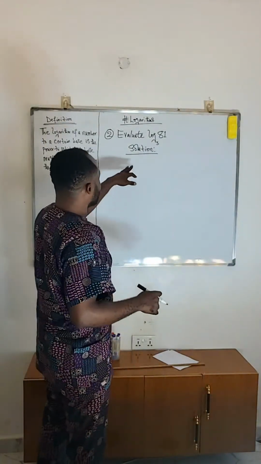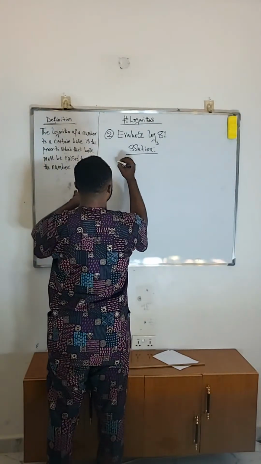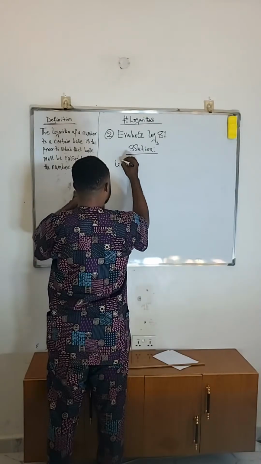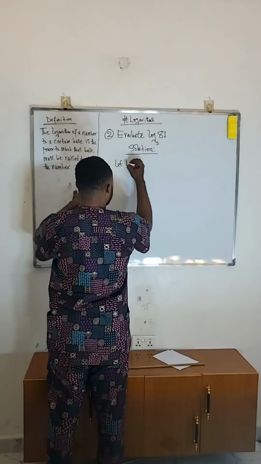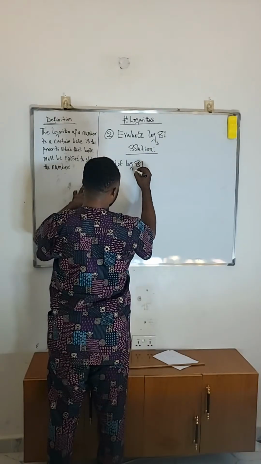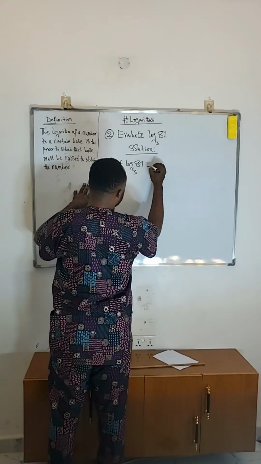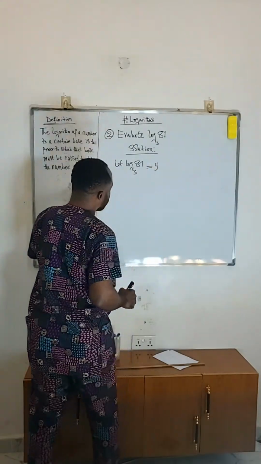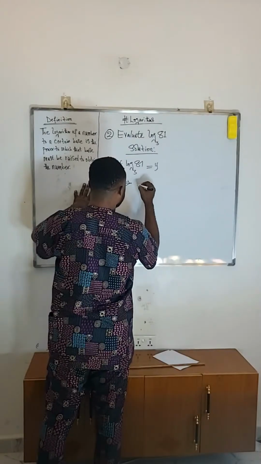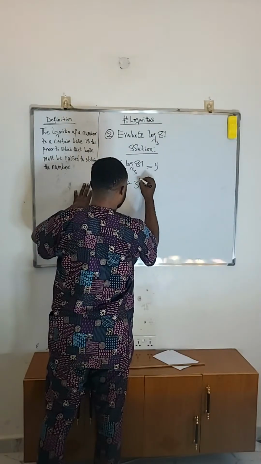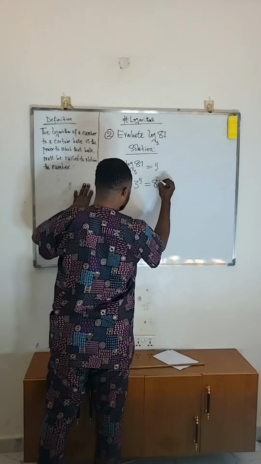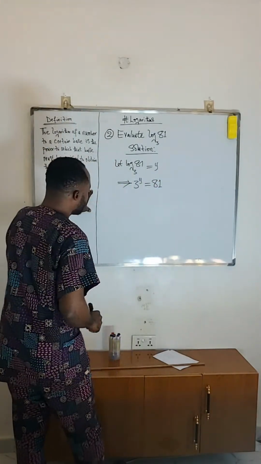So here you have, let log 81 in base 3 be equal to y. This implies that 3 raised to the power of y equals 81.